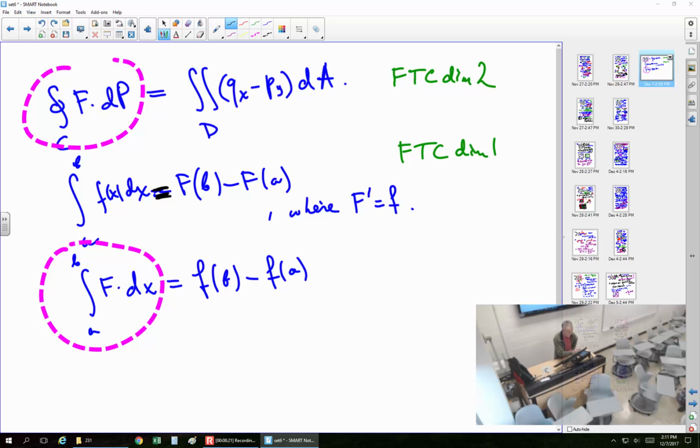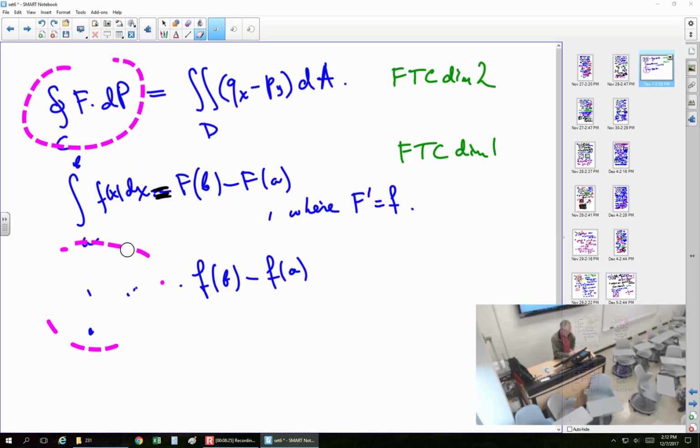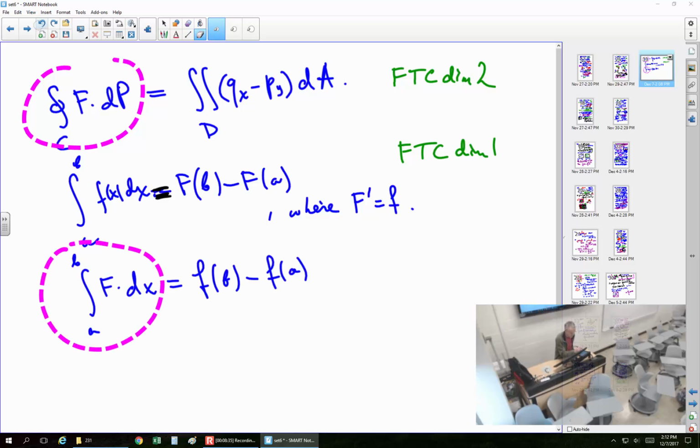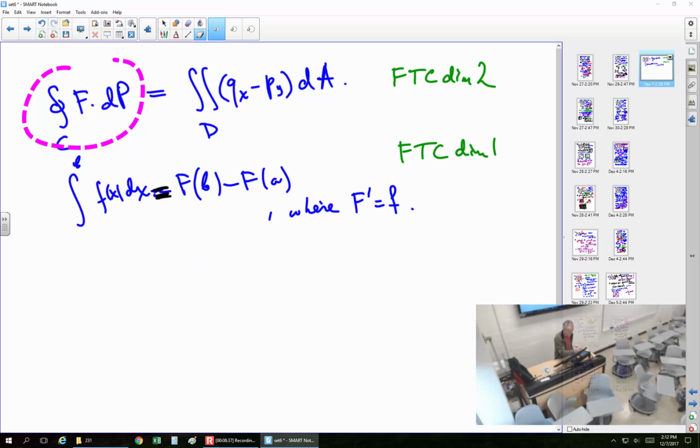I was going in the wrong direction. Okay, let me erase this. So let's start over. What's wrong with this thing? What I was trying to write here, like I said, I went in the wrong direction.